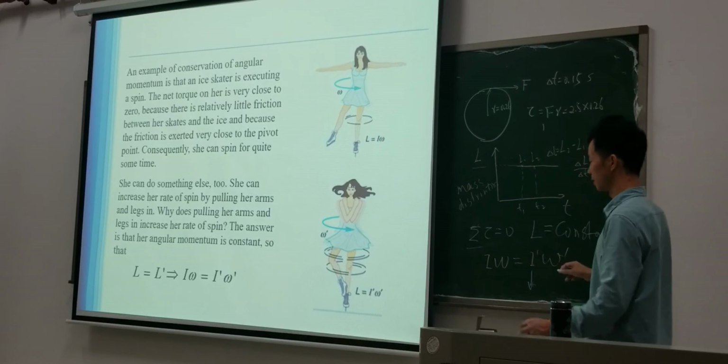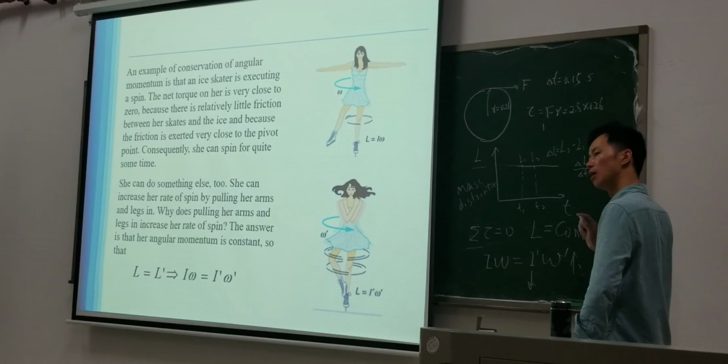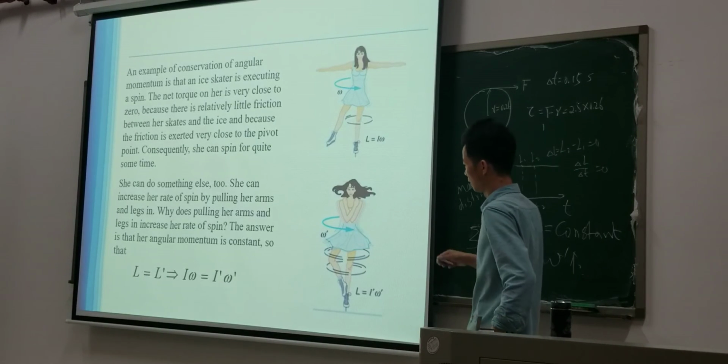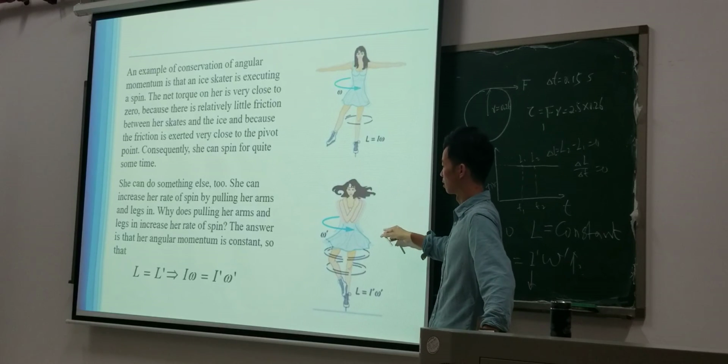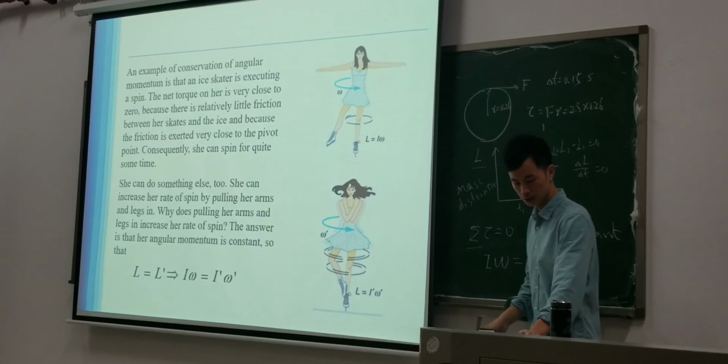So the I will decrease. The I decreases, it means the omega will increase. So the skater can increase her omega, her angular speed, by pulling her hands or legs in.